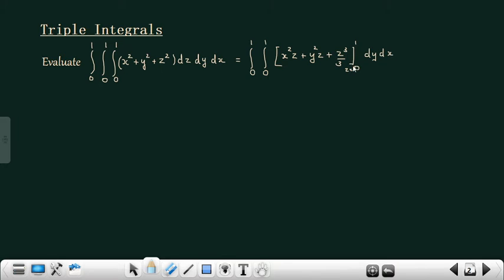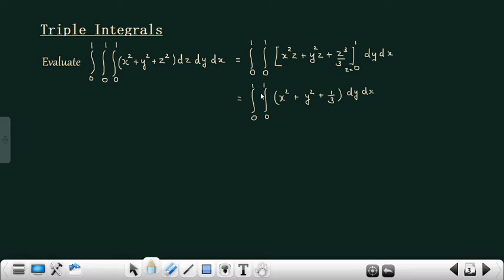So applying the limits for z, we have x squared into 1 minus 0 plus y squared into 1 minus 0 plus 1 by 3. So that is integral 0 to 1, integral 0 to 1, of x squared into 1 plus y squared into 1 plus 1 by 3 dy dx.